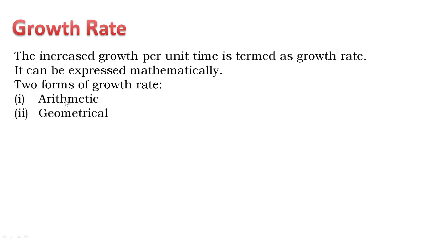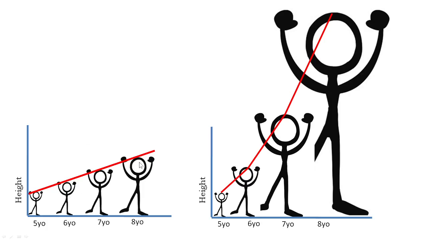So it is clear now, arithmetic growth rate and geometrical growth rate. In arithmetic growth, the child grows at a constant speed or constant rate. But on the other side, in geometric growth, his height doubles every year, and here you can see the curve is not linear.